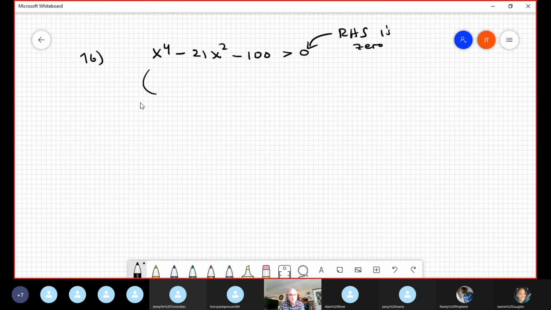We focus on the factorization. x squared is the square root of this guy, and the combination is 25 and 4, no? 25 and 4, multiplication is 100, and 25 minus 4 is 21, and this is minus, but this is plus. Now, have I finished the factorization? No. I need to apply difference of squares here.